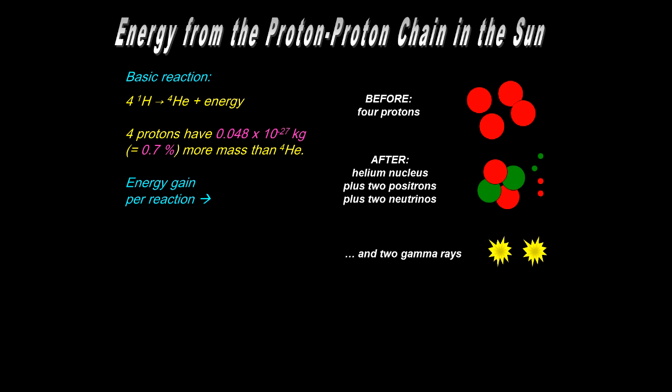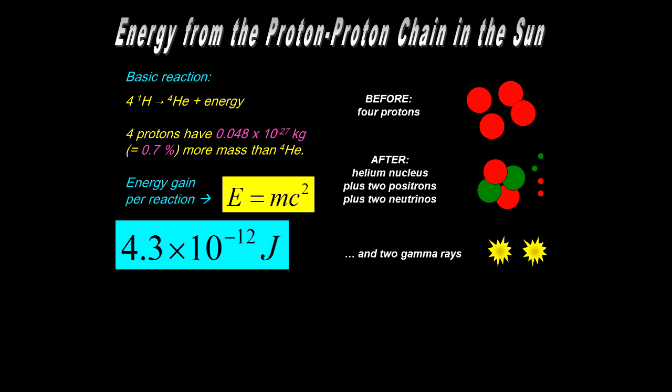And so the energy gain that you get per reaction can be discovered using Einstein's E = mc². So the energy has been produced by matter converting to energy directly, according to this famous expression. So when you look at the results of that small loss of mass and the corresponding energy that's gained per reaction, it turns out to be 4.3 picojoules, or 4.3 times 10^-12 joules, trillionths of a joule.